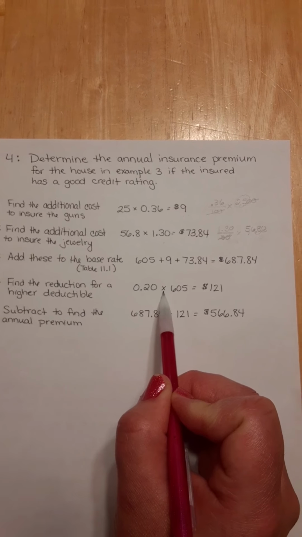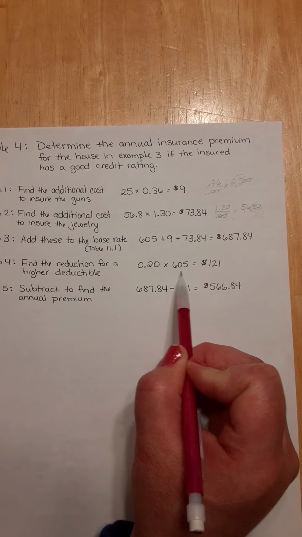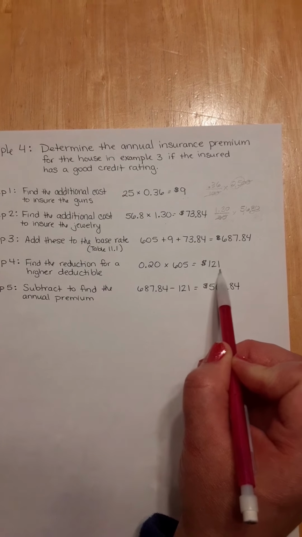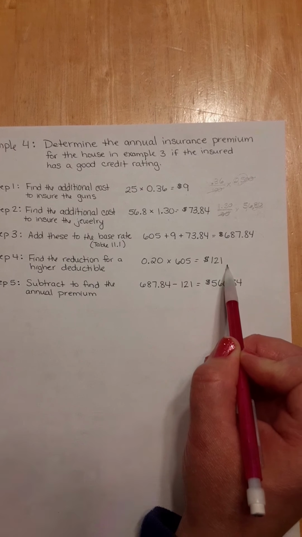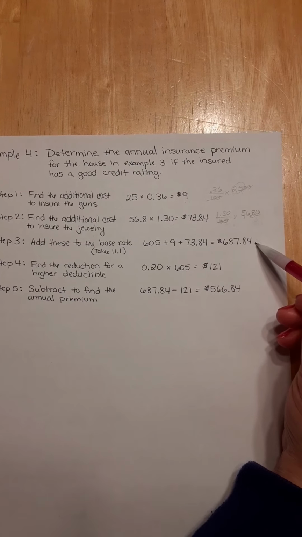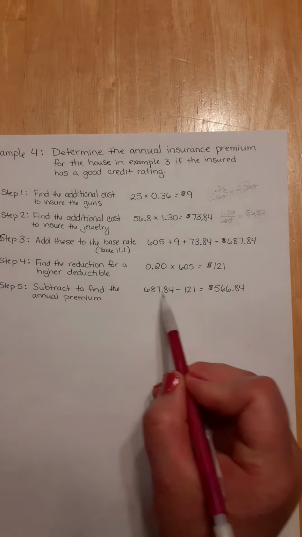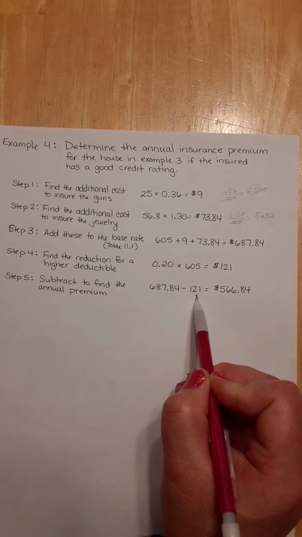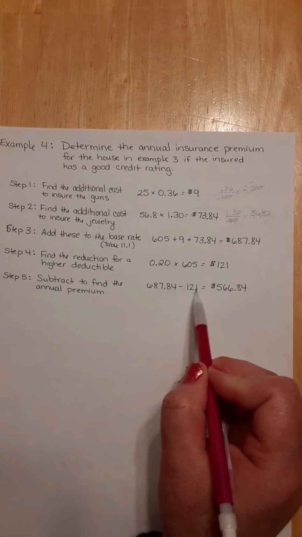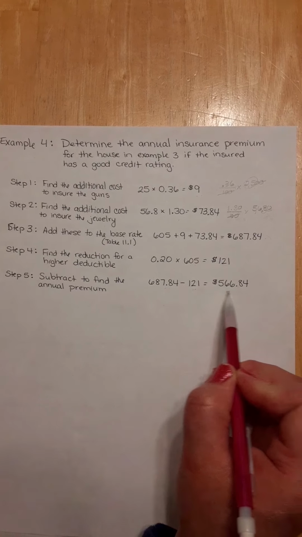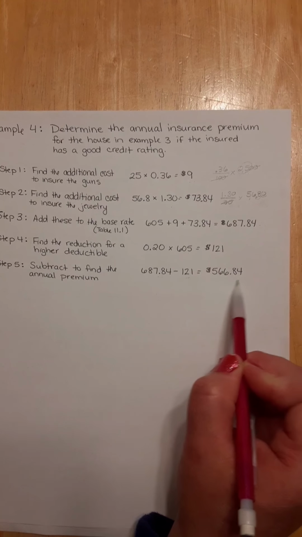So I'm taking 20% and I'm going to multiply it by the basic premium of the 605. 121 is what I get to deduct. So I take what my standard premium was here, the $687.84, and now I get to subtract that deduction for the higher deductible. And now this is what my premium is that I would pay for having homeowner insurance for this house.